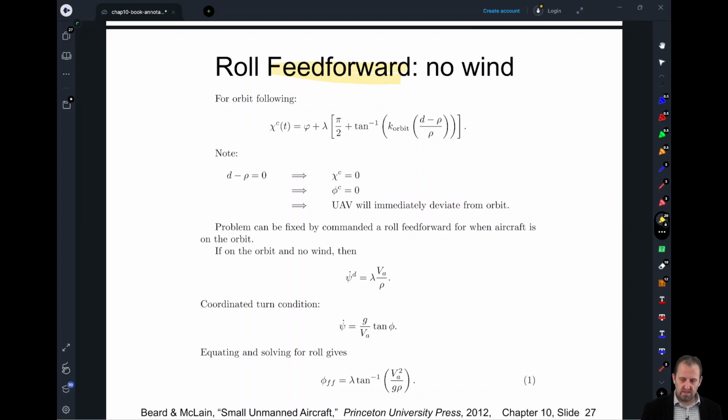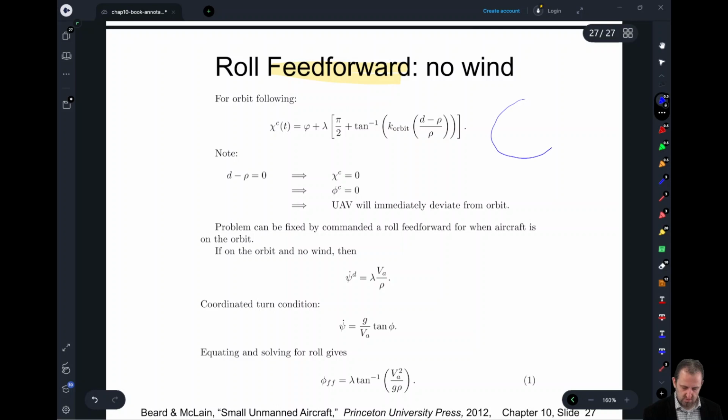Because as we come into the circle, if we have a command of just that, our error is going to be 0, and so our roll will then say that we should be at 0 roll. But in reality, if we're staying on the circle, we want to make sure we have a feed forward roll term.